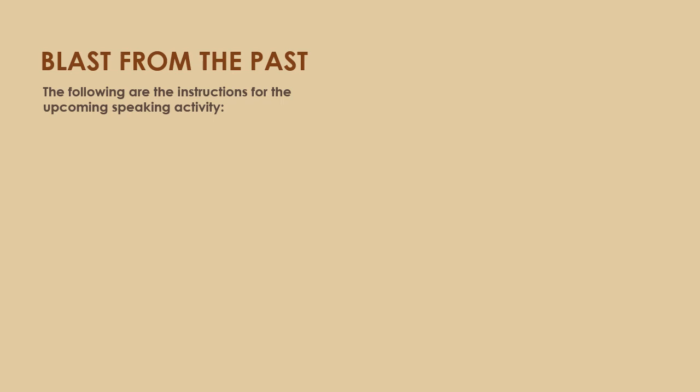Okay, so this is our speaking activity for next week. It's titled Blast from the Past. The following are the instructions for the upcoming speaking activity. Choose a partner to talk to, just like the other speaking activities that we had.